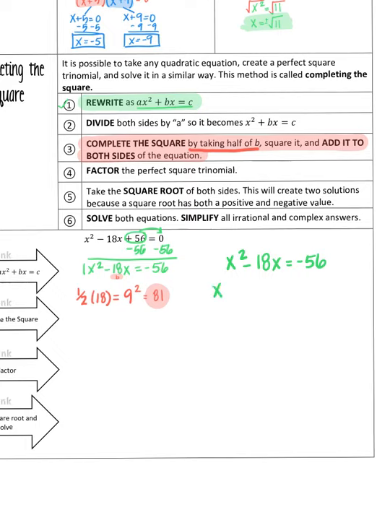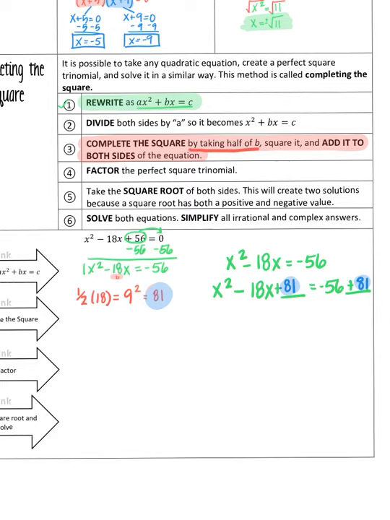So every time I'm going to say x squared minus 18x blank equals negative 56 blank. Okay, and that's where I'm going to add this 81. Plus 81 and plus 81. Let's make that a different color. Plus 81, plus 81. Okay, that's where that came from.